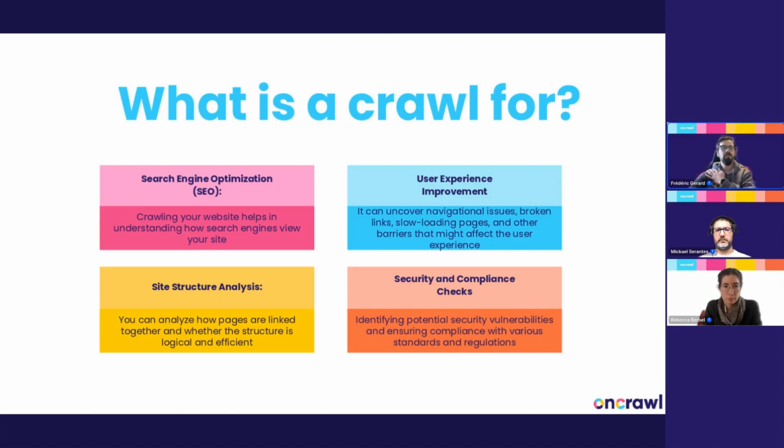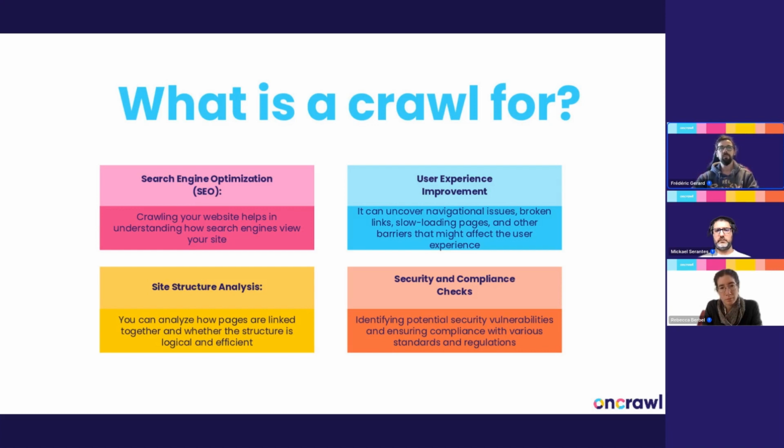So what is a crawl for? We have seen it. This is the first pillar, the goal. Here you have some examples of why I can run a crawl. You can have a user experience improvement. You can use it for a site structure analysis.